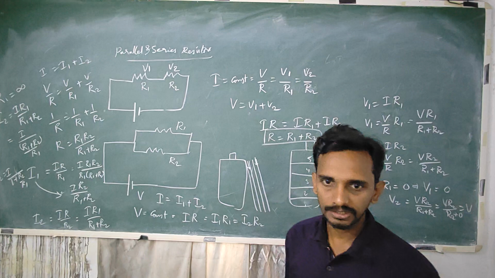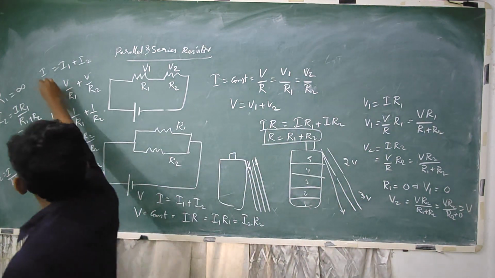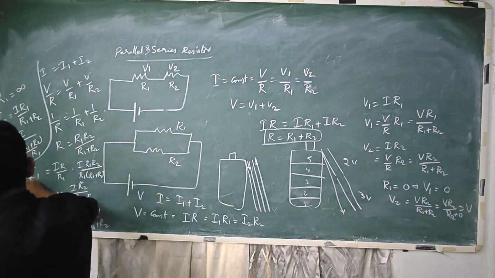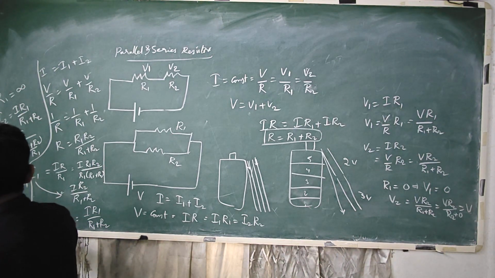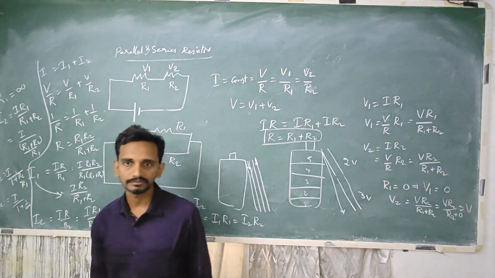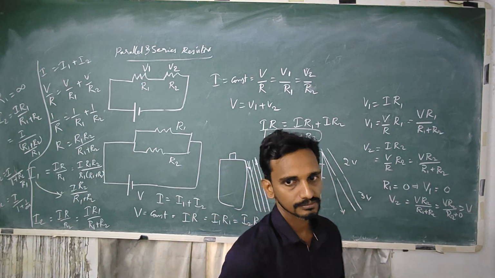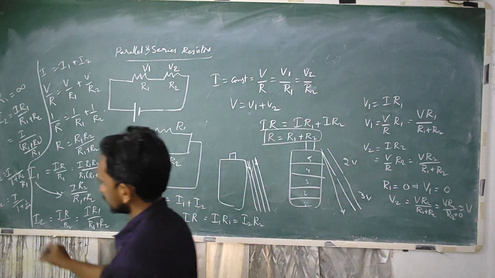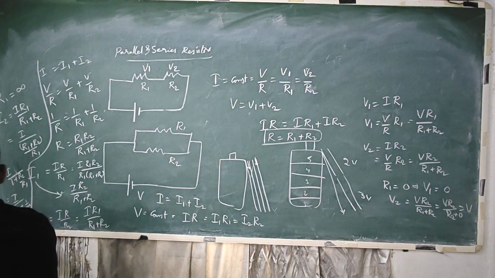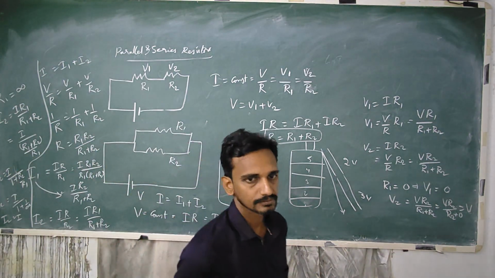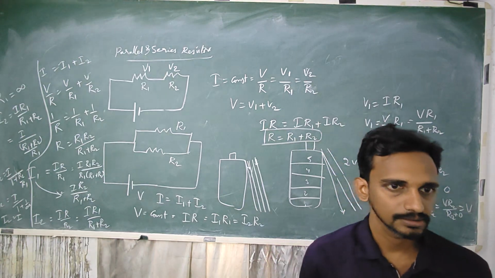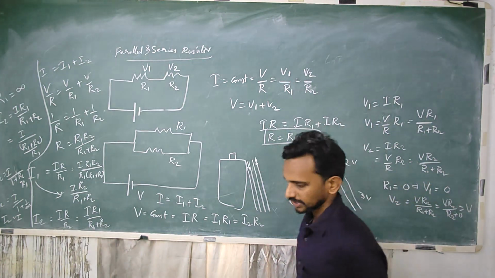When R1 is infinity, I2 is equal to I by 1 plus 1 by infinity, which is I. So always your equation should speak.